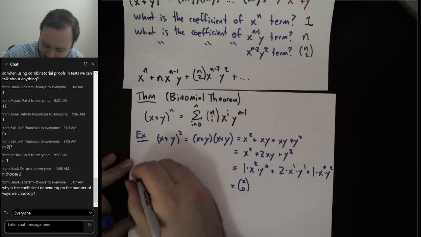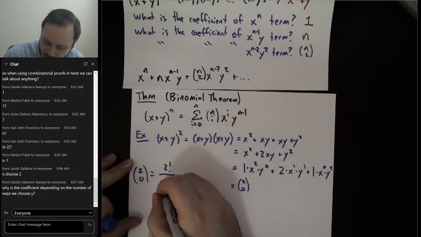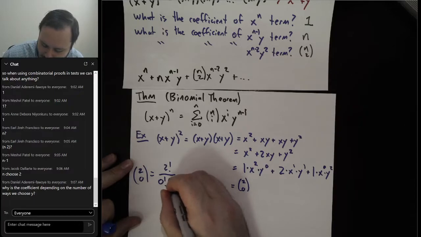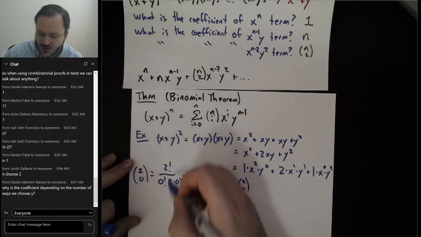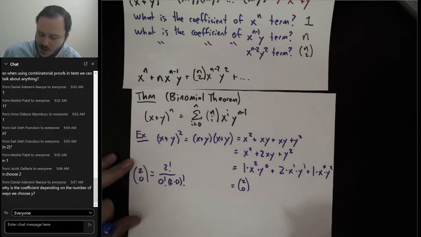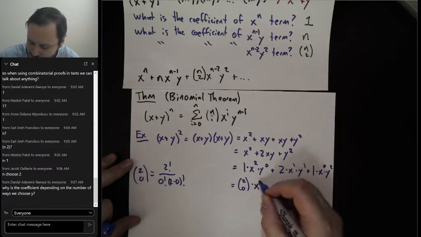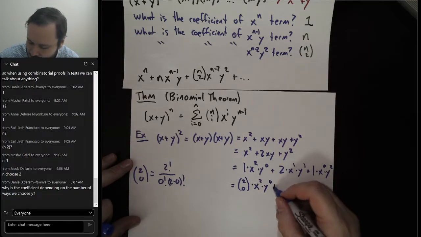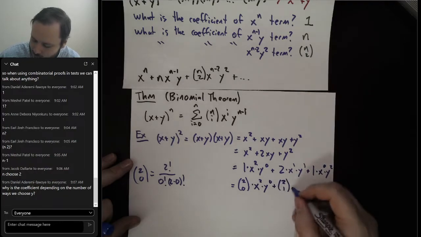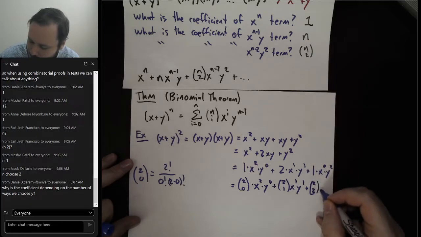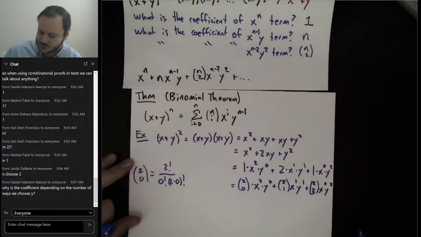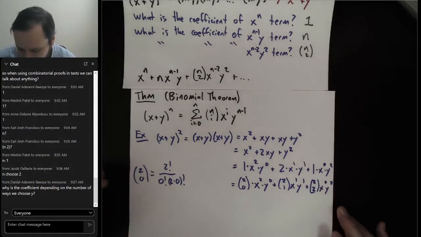Remember, 2 choose 0 means 2 factorial over 0 factorial, 2 minus 0 factorial. 0 factorial is 1, so I get 2 factorial over 2 factorial, 1 over 1 times 1. I'm just getting a 1 there. Times x squared times y to the 0, plus 2 choose 1, x to the 1, y to the 1, plus 2 choose 2, x to the 0, y to the 2. I match this. I think I may have my coefficients backwards, but you get the idea.